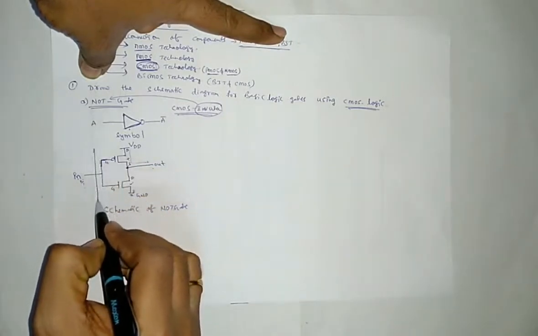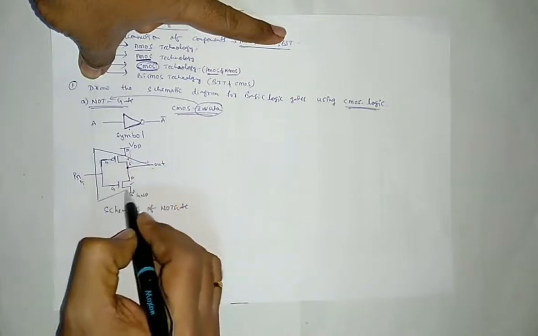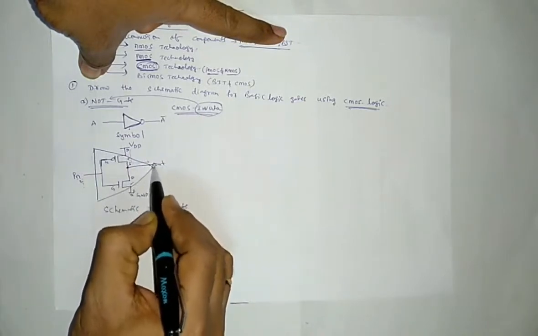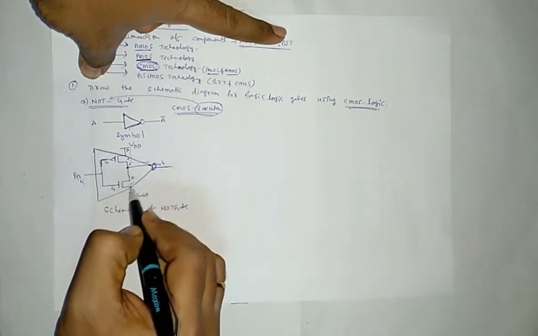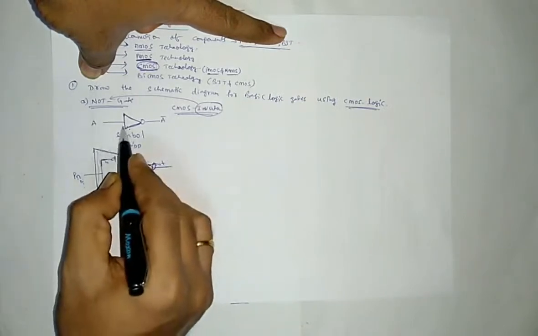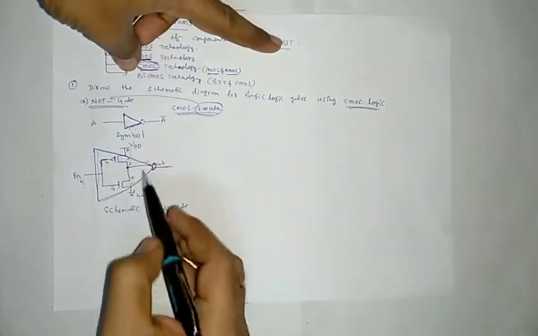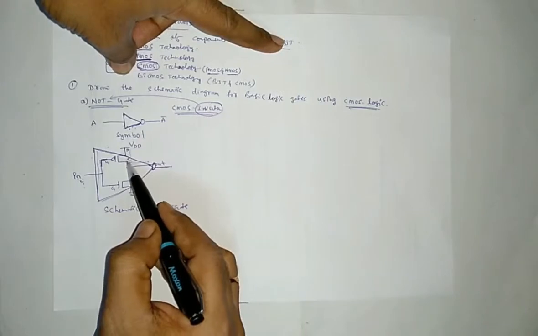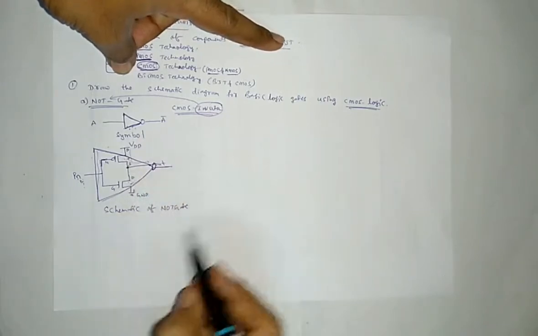See here. So this is the NOT gate symbol, right? Same as this one, in this NOT gate, how many transistors does it consist of? Two transistors, PMOS and NMOS.